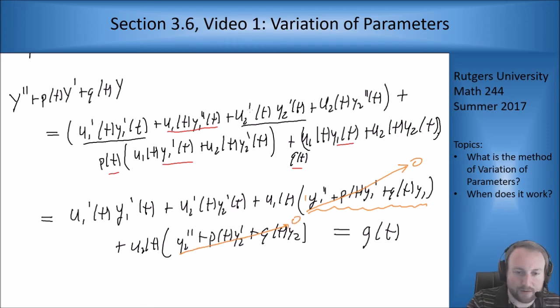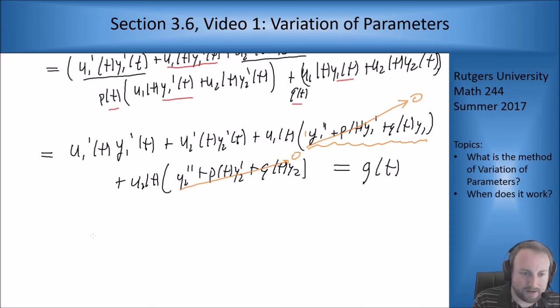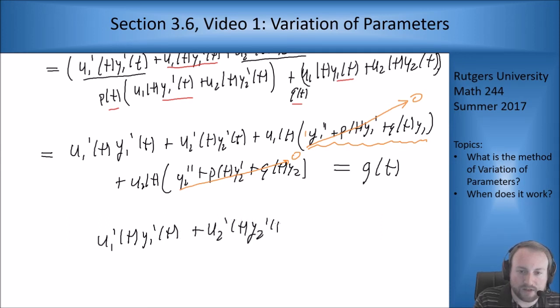So what I'm left with, after all this is said and done, is u1 prime of t, y1 prime of t, plus u2 prime of t, y2 prime of t, equals g of t. And this is what my equation gives me. Now I want to add in my condition from before.